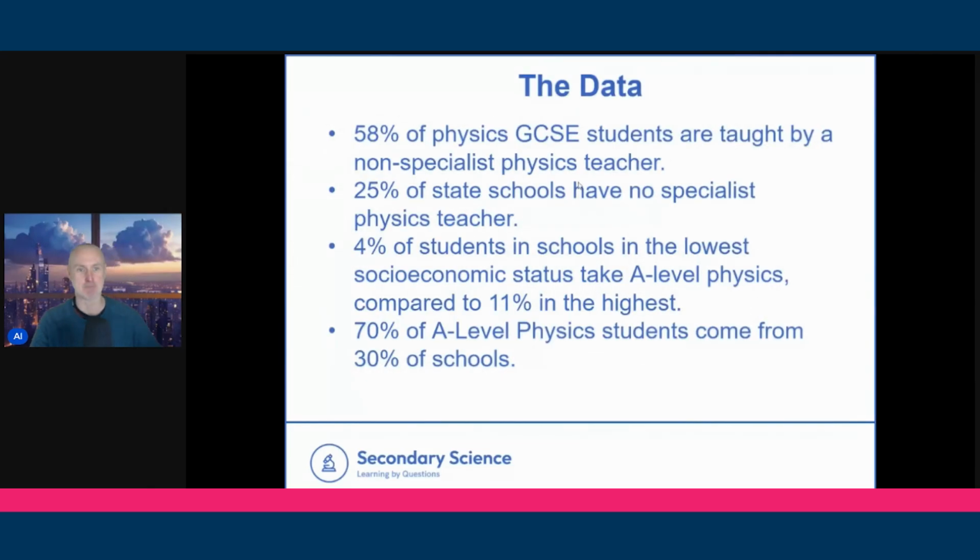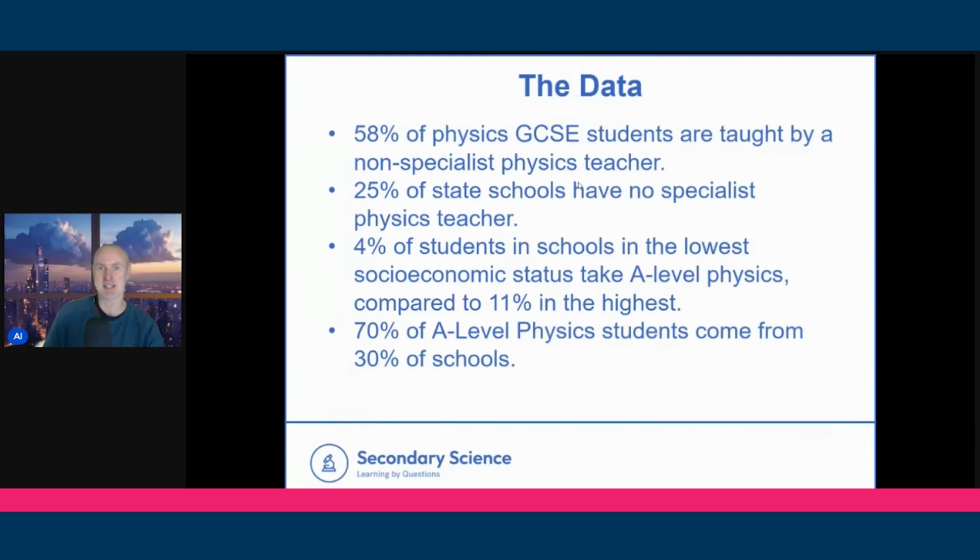But before we jump into that, let's have a little bit of data. In September 2025, the Institute of Physics dropped this data. They told us that 58% of physics GCSE students are taught by a non-specialist, which is obviously a lot, and 25% of state schools have no specialist physics teacher at all.